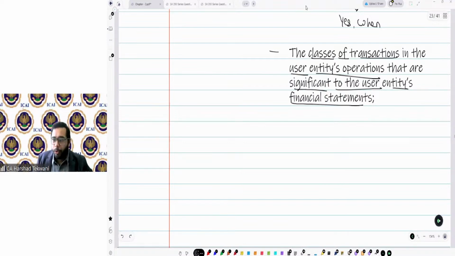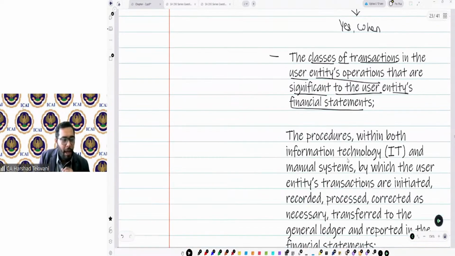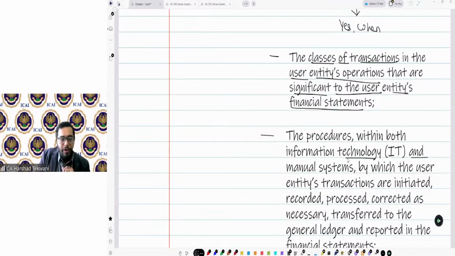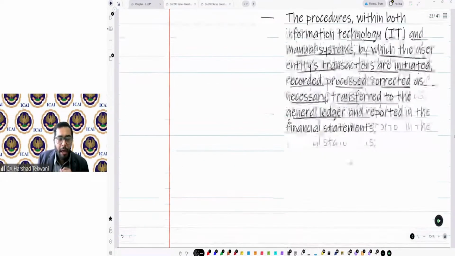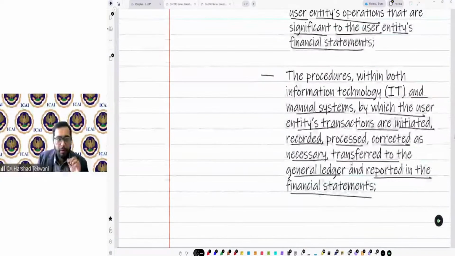Okay. So the procedures, including the procedures within both IT (information technology) and manual systems, by which the user entity's transactions are initiated, recorded, processed, corrected as necessary, transferred to the general ledger, and reported in the financial statements.